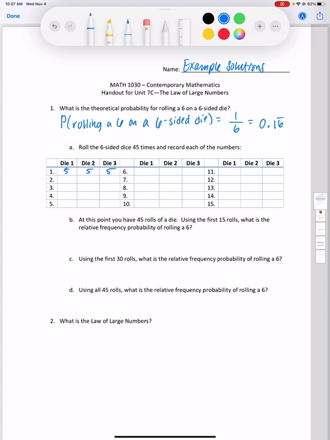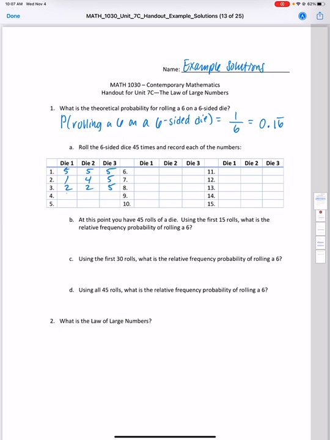That one we got a 1, a 4, and a 5. And we got 2, 2, and 5. We're getting a lot of 5s here. There's 4, 5, 6, and 6, so we got a couple of 6s there. And we have 1, 4, and 6.